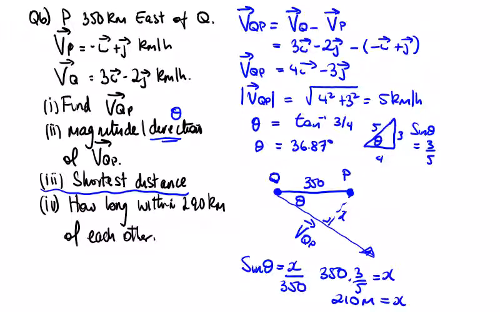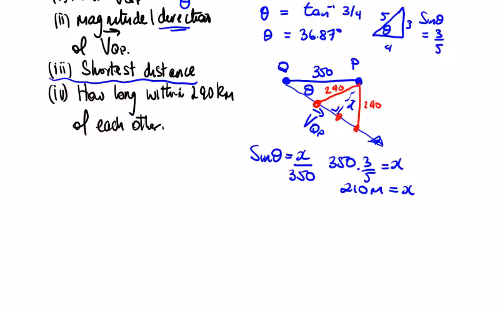And how long will they be within 290 kilometers of each other? Well, I'll do another diagram for that. We imagine this is 290, and down here is 290. We need to get this distance along here. So I take one of those right angle triangles out where the hypotenuse is 290 and the straight side x, the shortest distance, is 210.